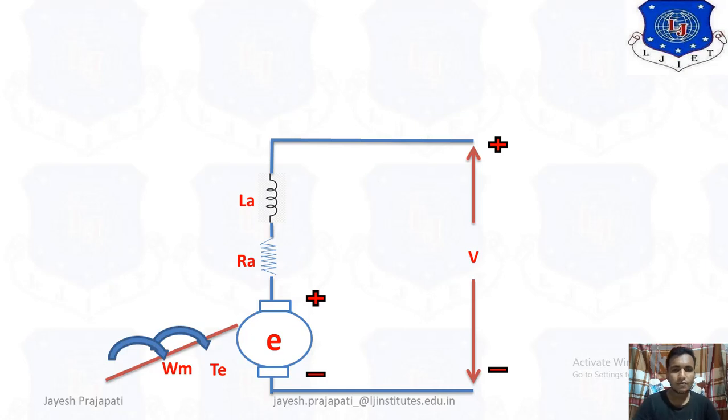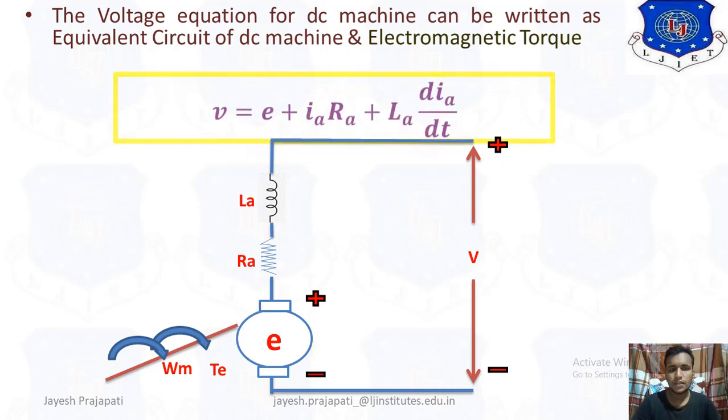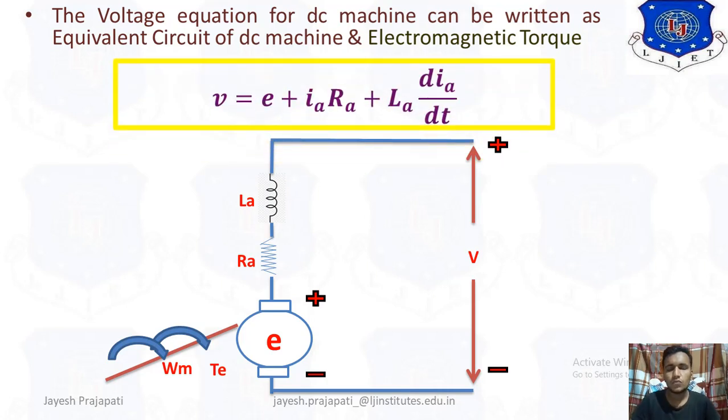Now from this equivalent circuit, the voltage equation for the DC machine can be written as V is equal to E plus Ia Ra, that is armature current and armature resistance, plus La dIa by dt. That is the voltage equation of the DC machine. We take this as equation number 1.